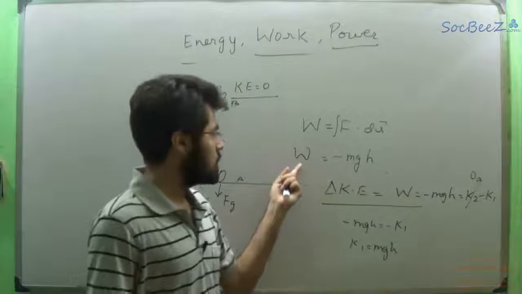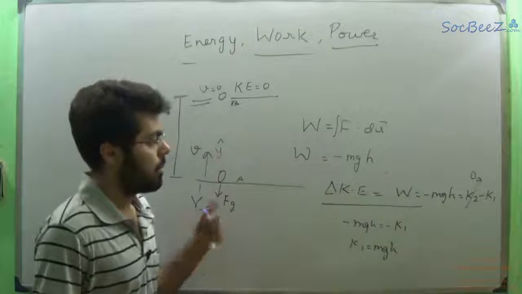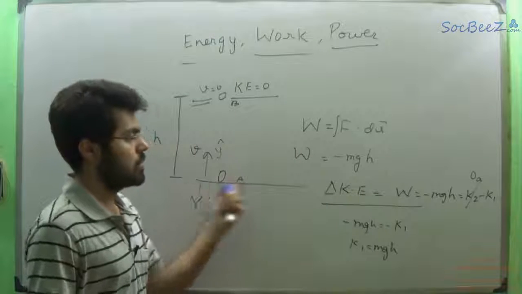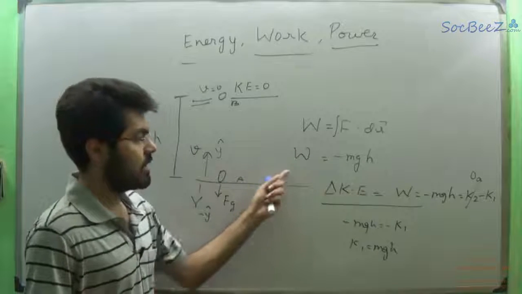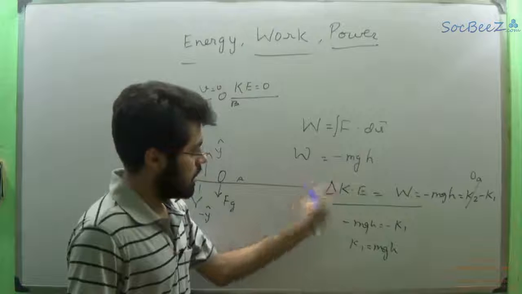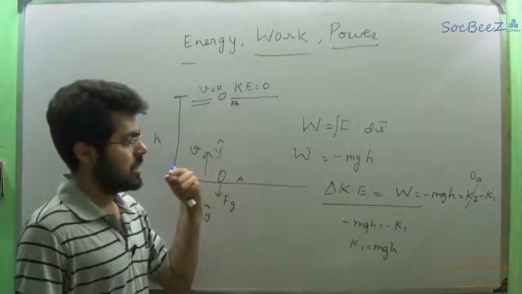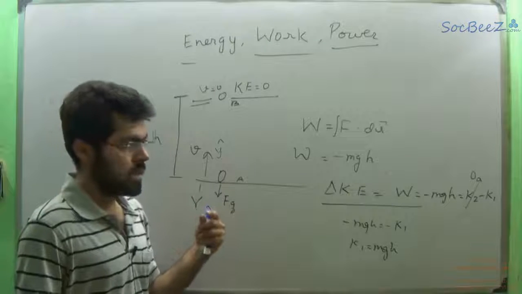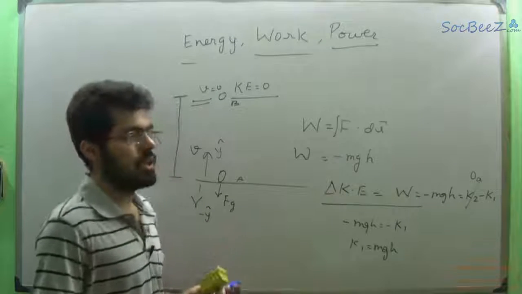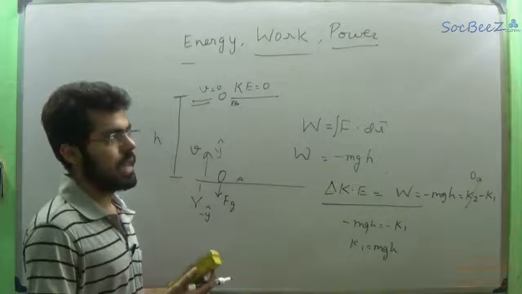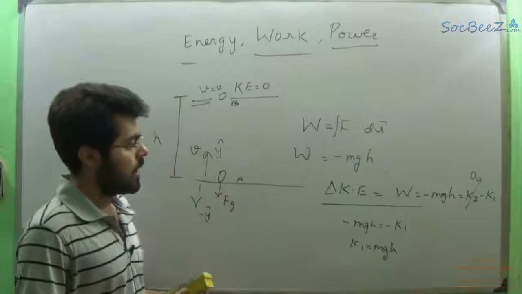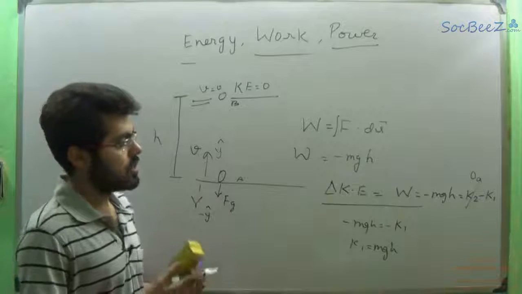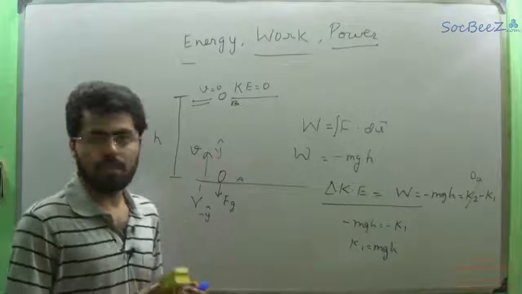What role is this work playing here? What is it actually doing? It is just reducing the kinetic energy. But by reducing the kinetic energy, what is exactly happening? It is transforming kinetic energy into another kind of energy.